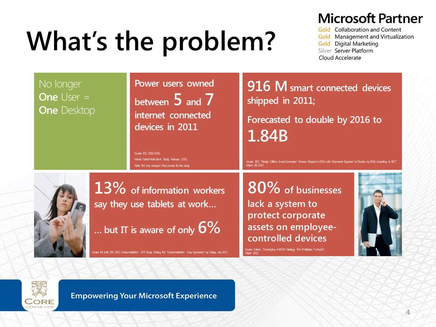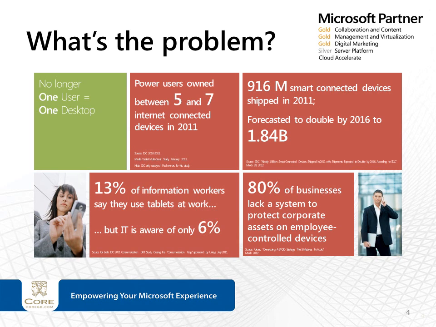In 2011, according to IDC, power users owned between 5 and 7 internet-connected devices. And I have to say, the total numbers are staggering. In 2011, 916 million smart connected devices were shipped, and this is forecast to double to around 1.84 billion by 2016, according to IDC. But what's interesting is that businesses and their IT departments are still largely unprepared for these changes.